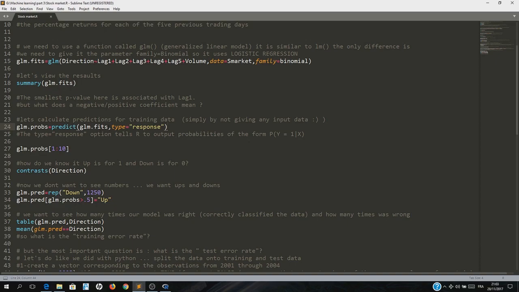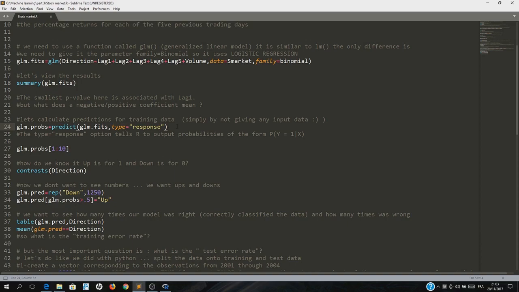But how do we do that? Because here you can see we didn't provide any data for prediction. We used that function last time. I hope you remember how we used it: you give it the model, you give it the data and the type, and that's it.